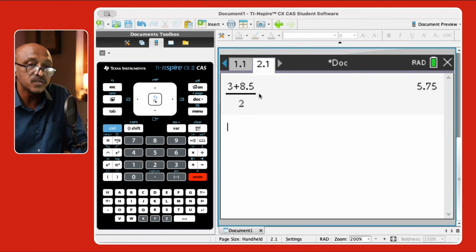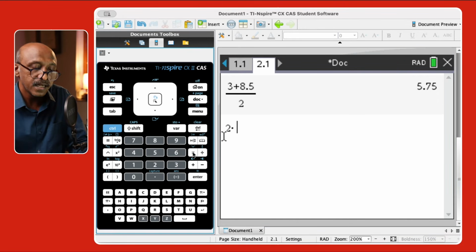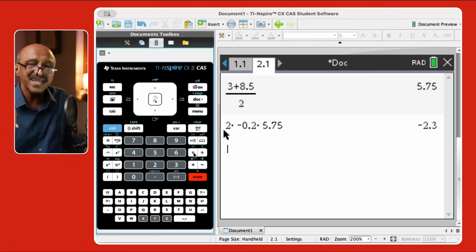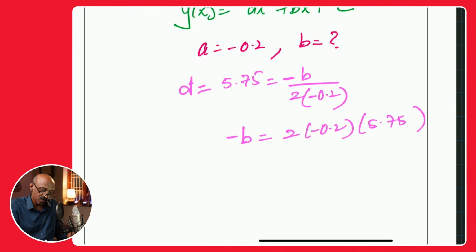This is 2 times negative 0.2, let's close that bracket, multiply it again, and we have 5.75, I believe. Just let me hit enter. You got a negative value, but don't worry about that. So that's negative 2.3.